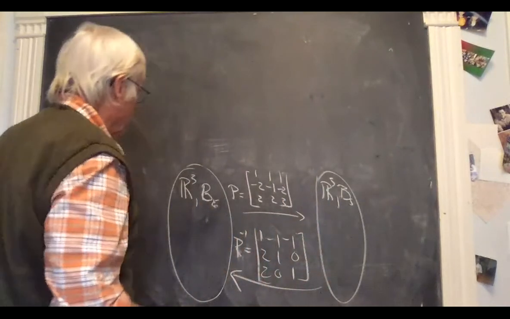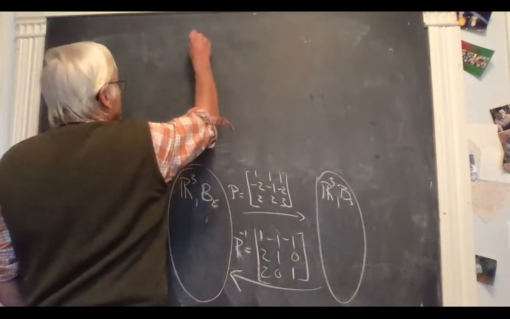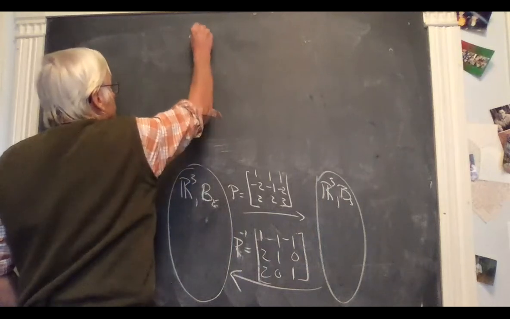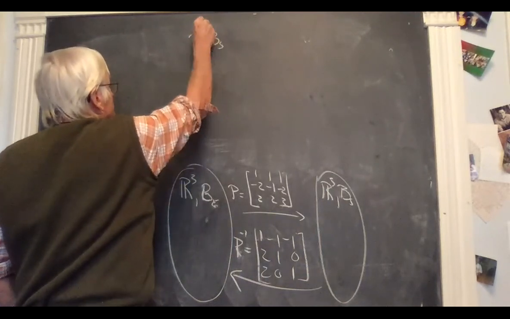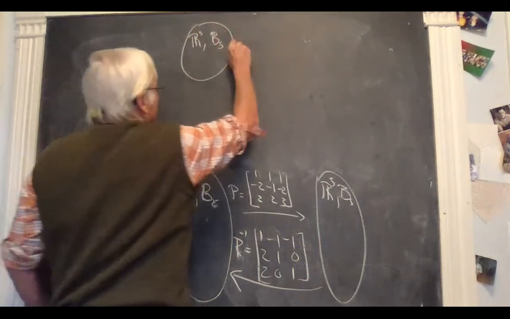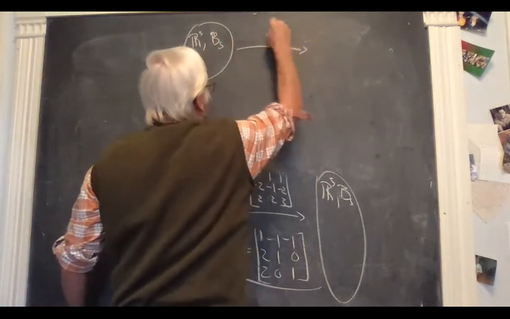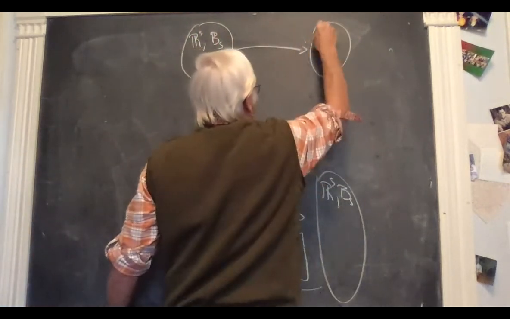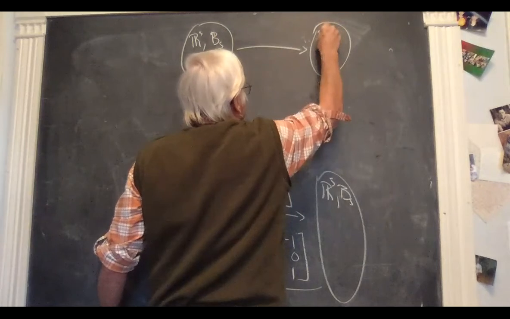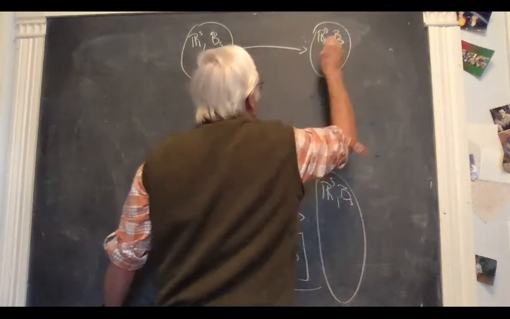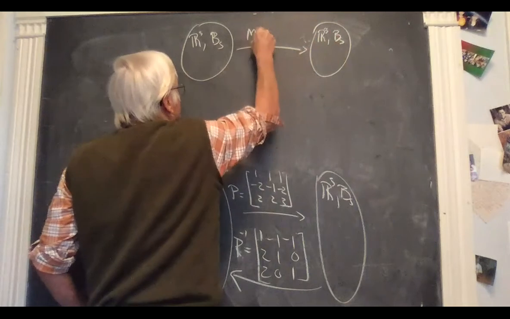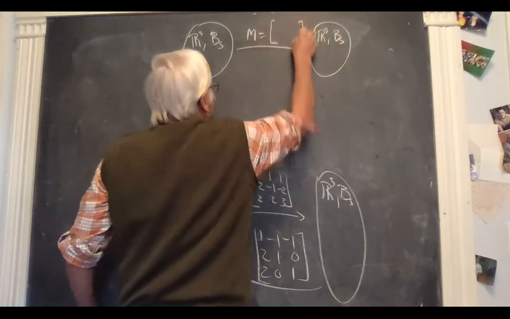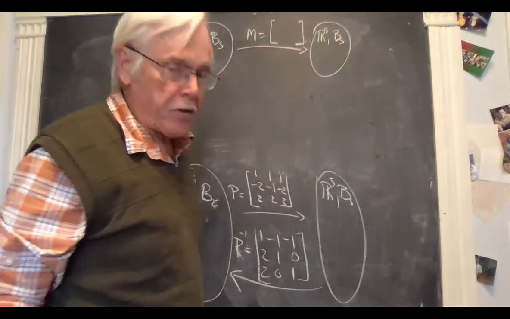What we started out originally was R3 with the standard basis BS, and it maps into R3 with the standard basis. And our original matrix M is the one that does that.